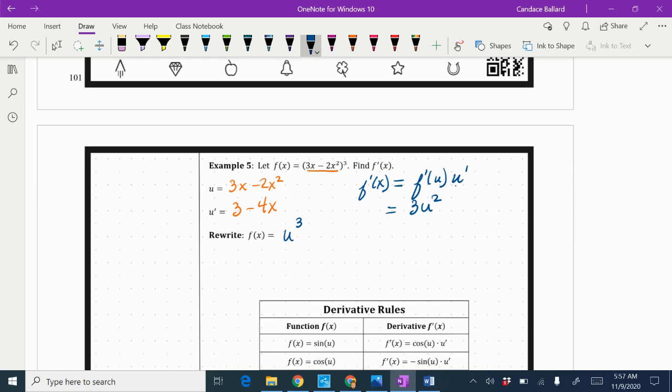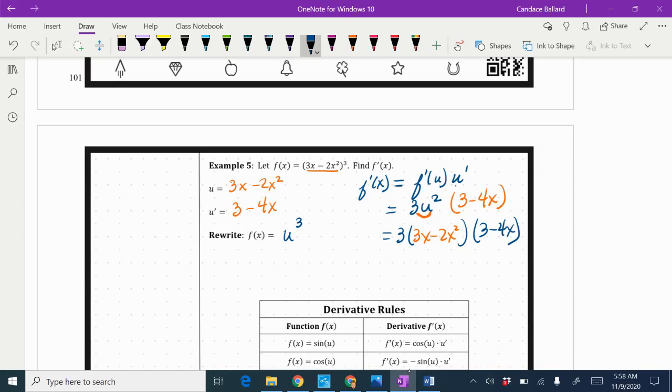The derivative of the inside function is 3 minus 4x. I need to replace the u. So I've got 3 times, in orange, 3x minus 2x squared, squared. And then I'm going to drop this down, 3 minus 4x.